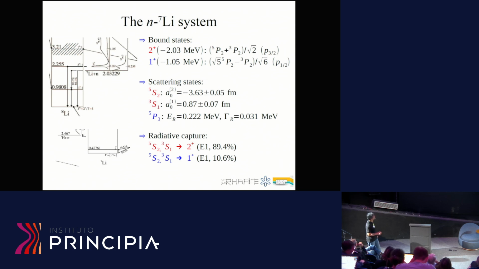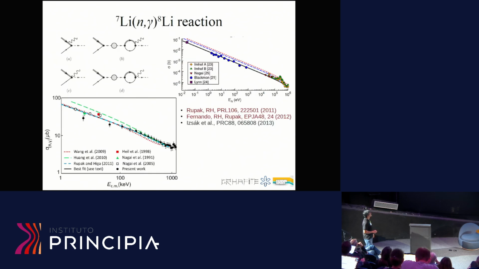And then there is a 5P3 resonance, which is very close to the threshold, 0.2 MeV. We look at radiative capture, an E1 transition, and also this one, the one with the resonance, is an M1 transition. So we studied that at very low energies.